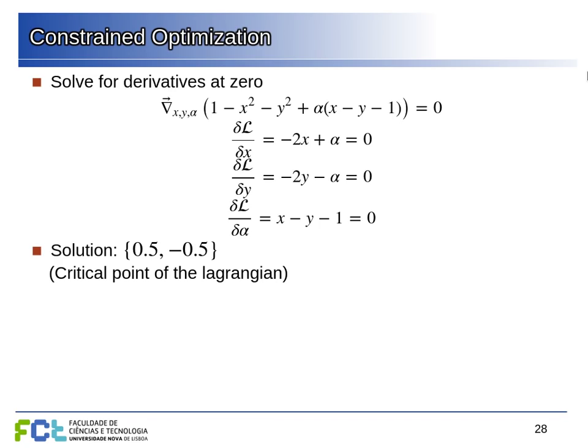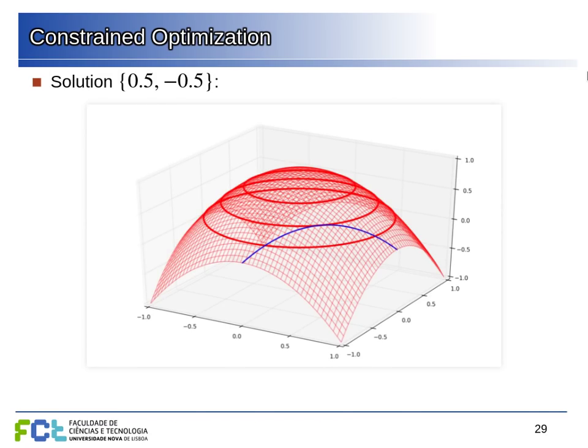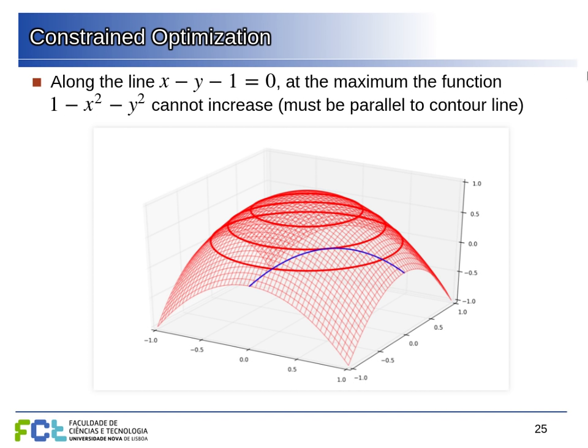This gives us a value of 0.5 for x and minus 0.5 for y, which is the optimum there. So this is the idea for solving the constraint optimization problem. We saw here with this example, to simplify, we have a constraint of the type some function equal to 0.